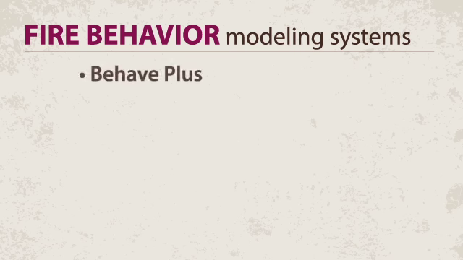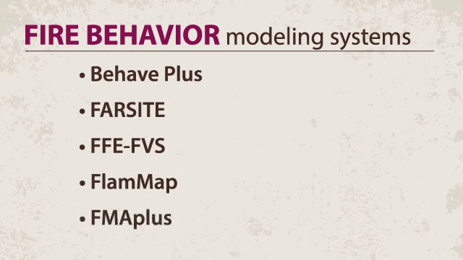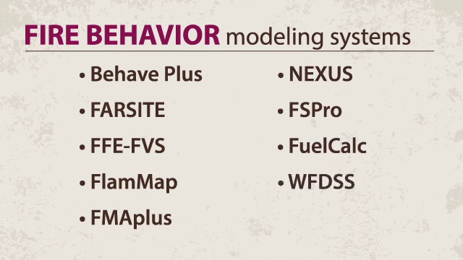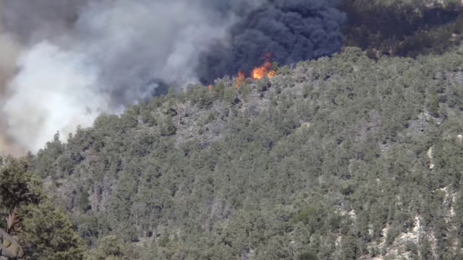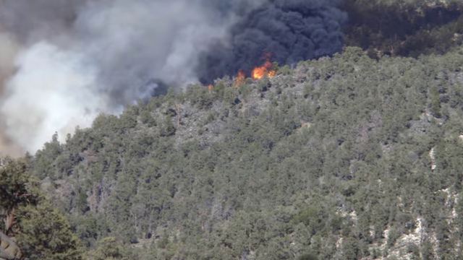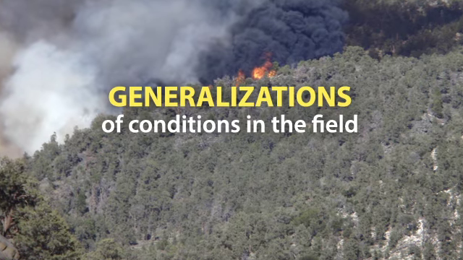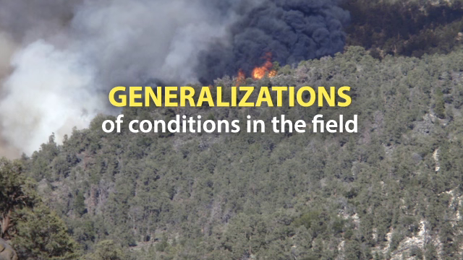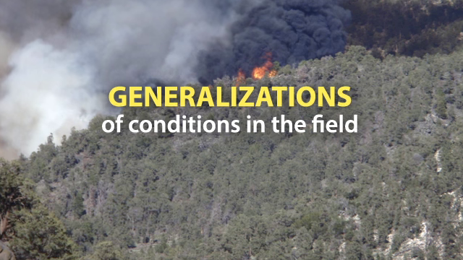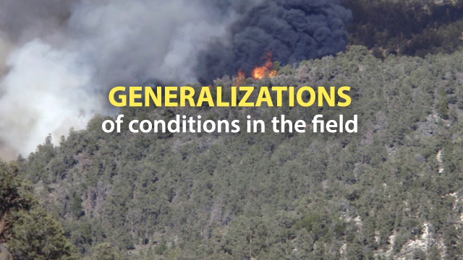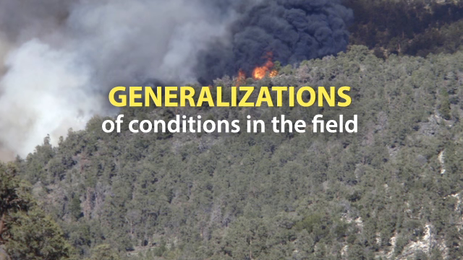Fire behavior fuel models are also used as the inputs to a variety of fire behavior modeling systems. Any fire modeling system that relies on Rothermel's equation can use both the 13 and the 40. To wrap up, fire behavior fuel models are generalizations of conditions in the field, and the selection of the wrong fire behavior fuel model can result in very inaccurate fire behavior predictions.